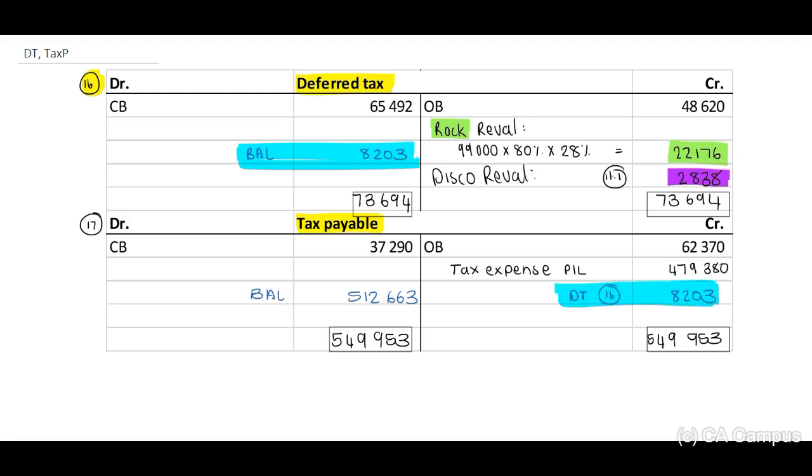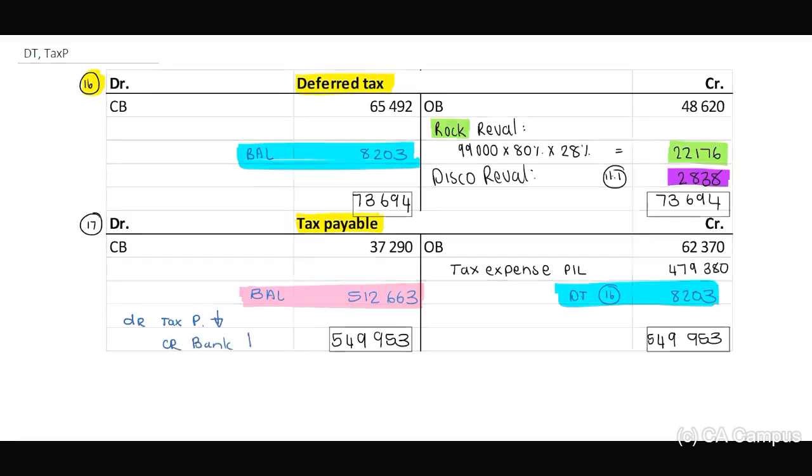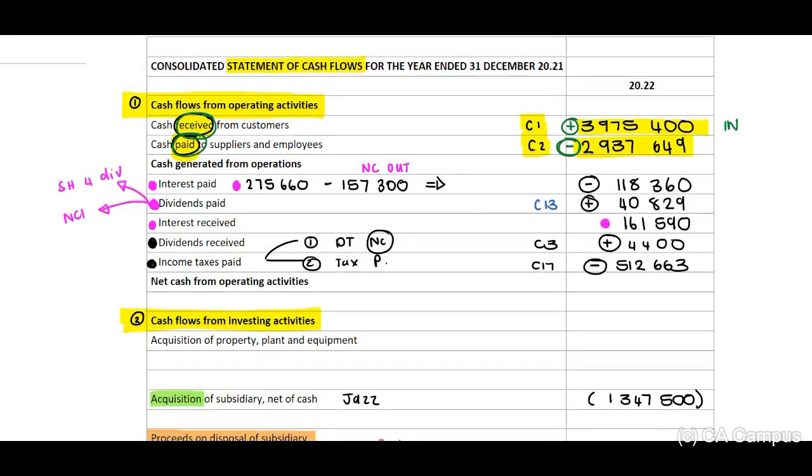And our tax payable will have a balance of 512663. Therefore, again, we debit our tax payable, a decrease, and we credit our bank. This is a decrease. Calculation 17, 512663, decrease. Look at this, minus.